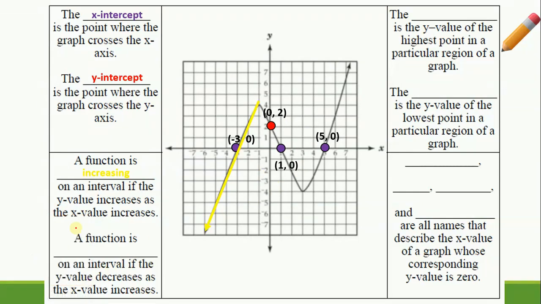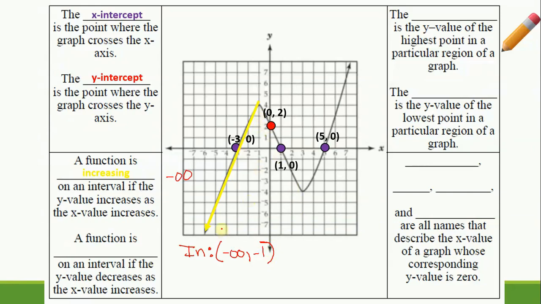So in my case, my increasing interval starts at -infinity. I am increasing from -infinity to -1. Notice I'm stopping at -1. We'll put a parenthesis on there.